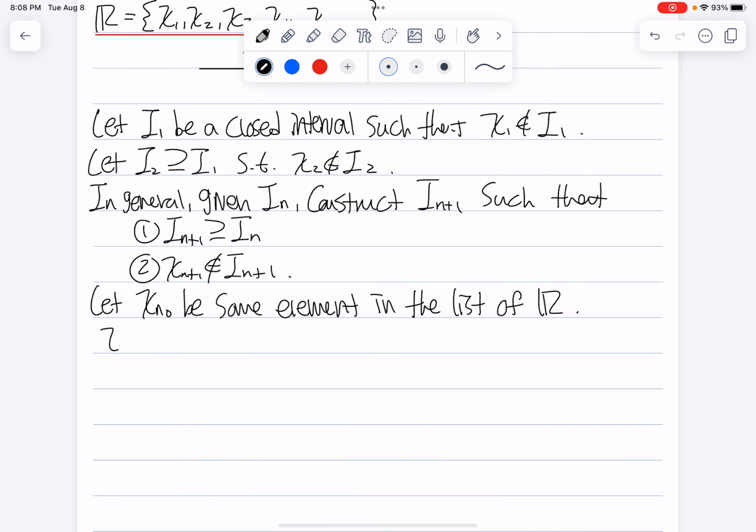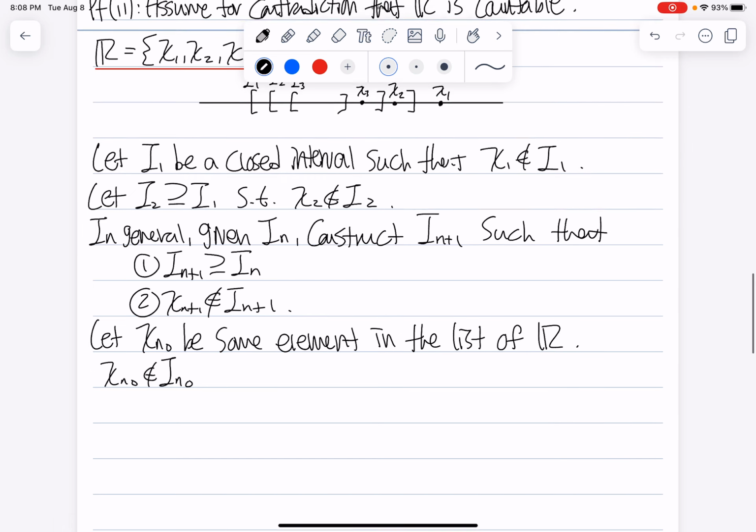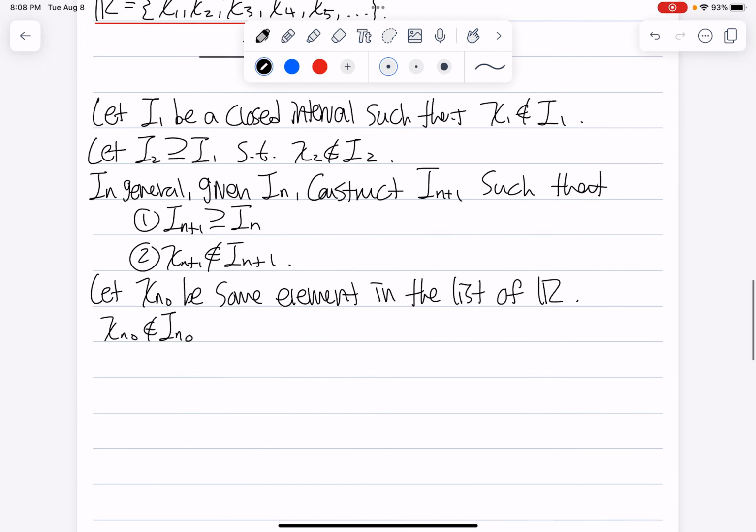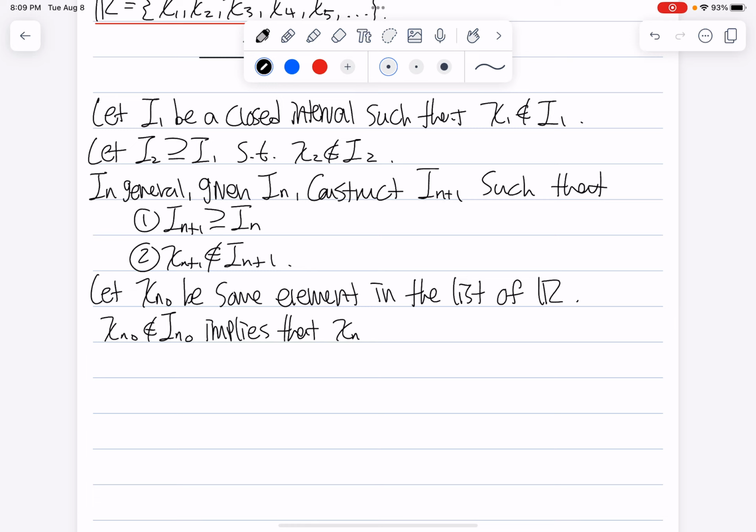Well, we know that x_n0 is not in I_n0, right? From our construction of the nested intervals, this is true, and this implies that x_n0 is not in the infinite intersection of the closed intervals.